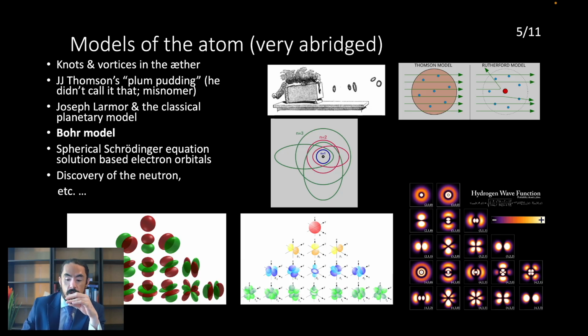And of course, this model was cast in doubt by results such as Rutherford's scattering experiments, where radiation was aimed at a thin metal foil, and the scattering of the incident radiation, due to the relatively small area in which the nucleus of the atom is localized, cast doubt on the prevailing Thomson model of the atom at the time.